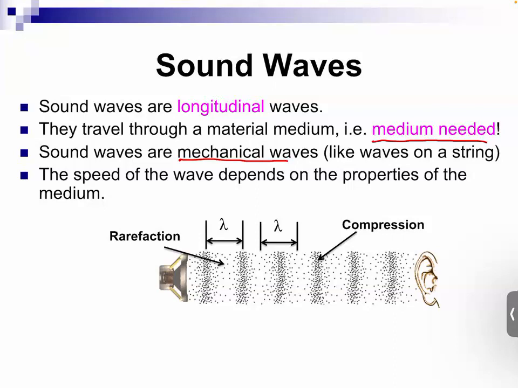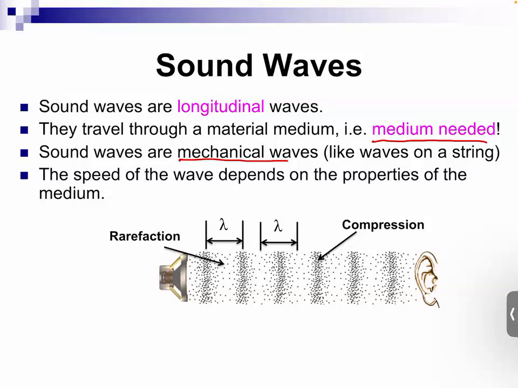Transverse waves are quite different because transverse waves can either require a medium, like waves on a string, or they can propagate in vacuum like light, which we will learn later on. But for longitudinal waves, the medium is required. Okay, longitudinal waves really need a medium in order to propagate.